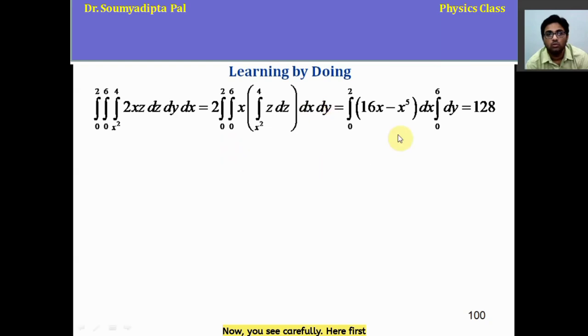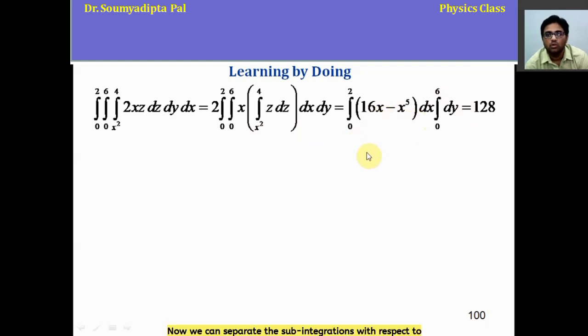Now you see carefully. Here first we have to solve the sub integration with respect to z. Once you integrate, you will get an integrand which depends on x, because in the lower limit we have x square, right? And we get this integration form.